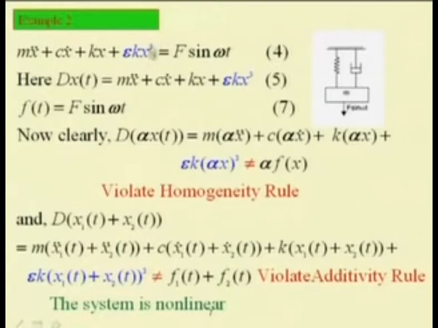The response of the system can be considered by studying this as a free vibration when this F sin omega t term is equal to 0, or it can be considered as a forced system when we are considering this force. In the spring and mass system, I can consider this as the equilibrium position.